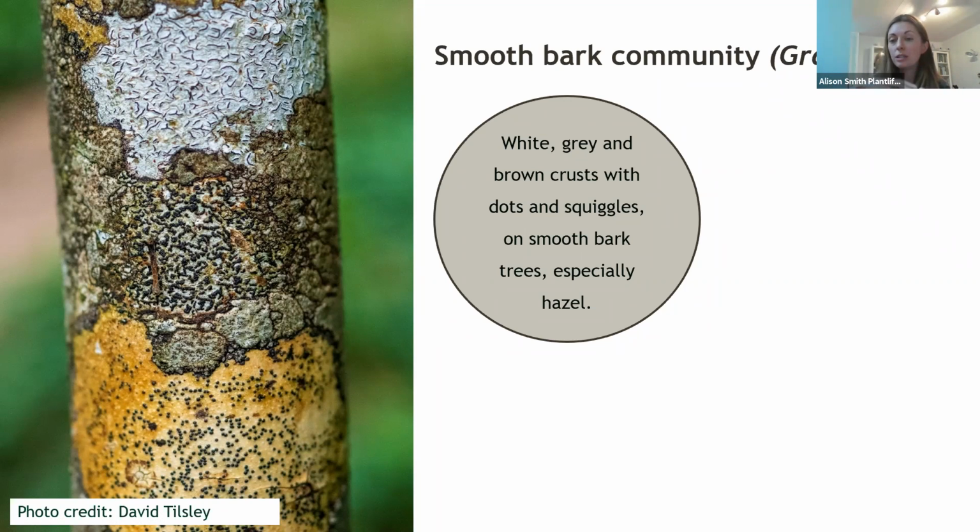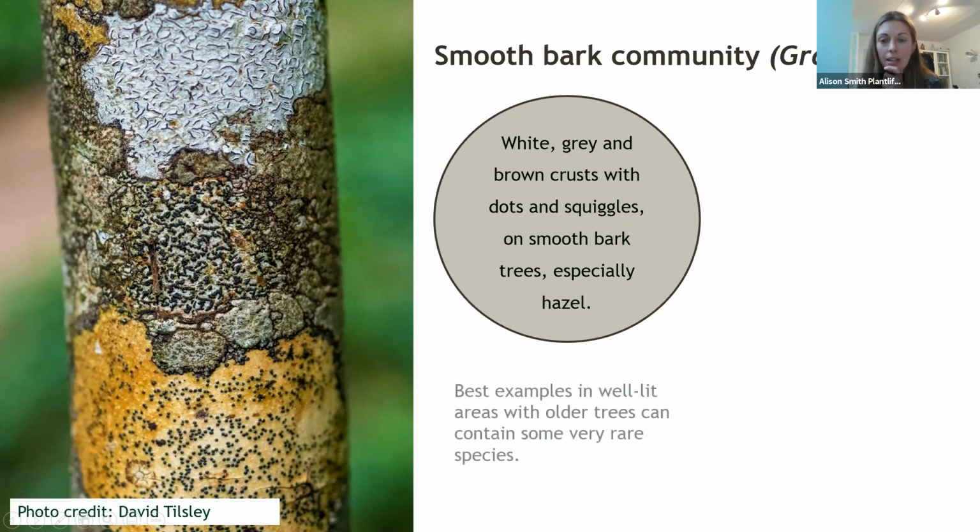You get branches and stems of the hazel which are like this, where you can't really find any bare bark. It's just a mosaic of lichens tessellating one another. And you see these lovely script lichens with these squiggly fruiting bodies, and then others which have these pinprick like fruiting bodies. So it's really magnificent to look at.